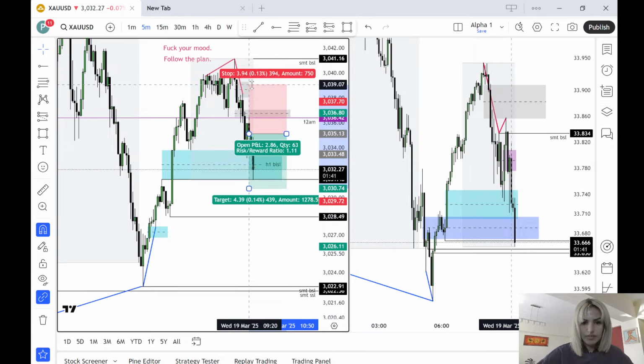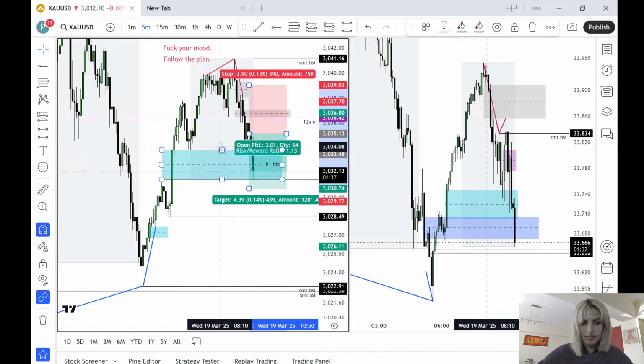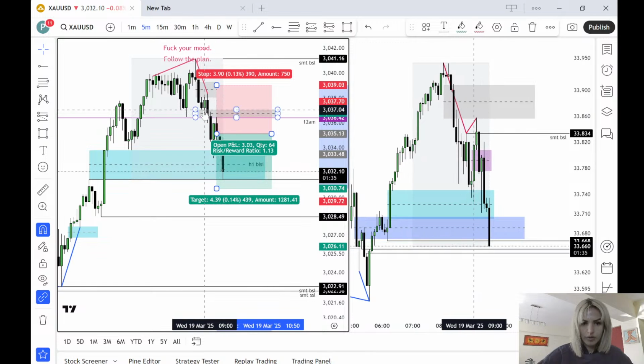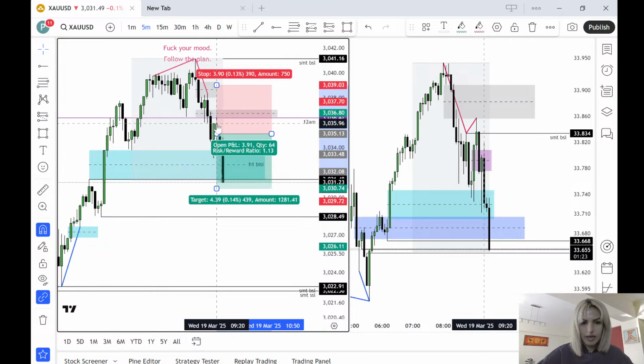I don't see any reason for which price would want to come back above this order block, the 9 a.m. candle on the 5 minutes, because you see that candle formed, went up, rebalanced the fair value gap, and then was broken lower. And then we had a retest of that with the candle that I entered, the 9:20.